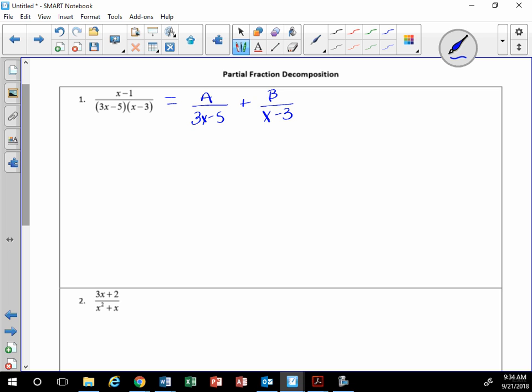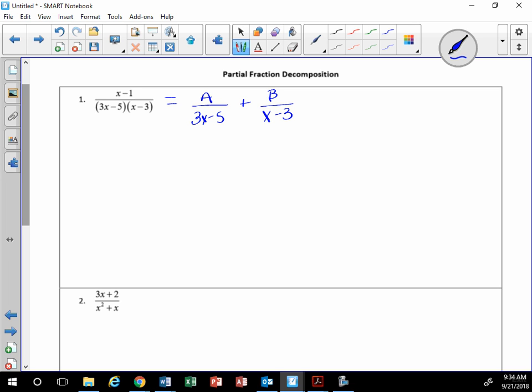Do you agree if I started with two fractions that had these two denominators, this would be my common denominator? Okay, so we're kind of undoing that, but we need to figure out what A and B are, because you can't just do the x over 1 and the minus 1 over the other. That doesn't work, all right? You have to figure out what A and B were so that this is my numerator when this is my common denominator, okay?